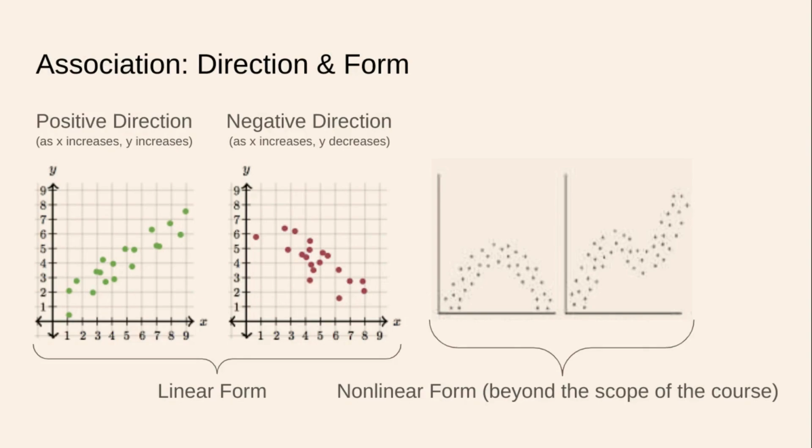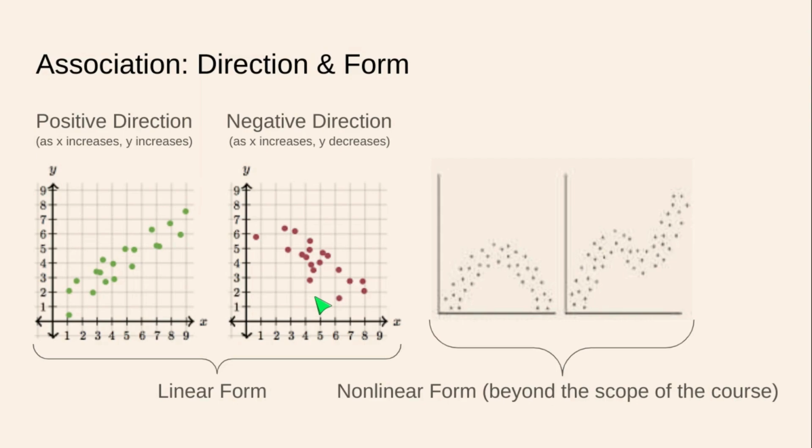Association, direction, and form. We have a positive direction for our association, which means that as x increases, y increases. Then we have a negative direction. As x increases, y decreases. These are both examples of a linear association, whether positive or negative.